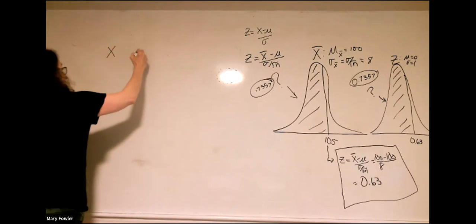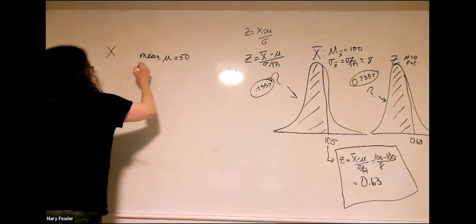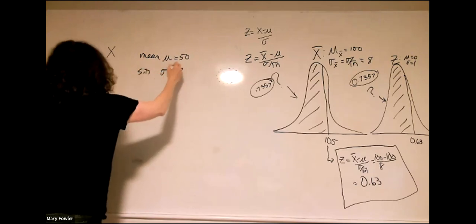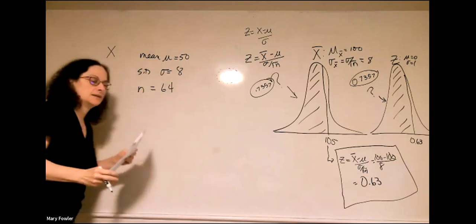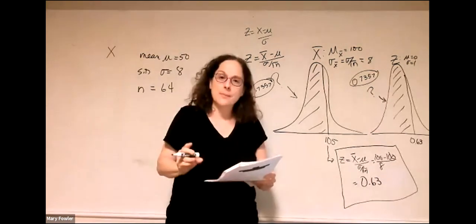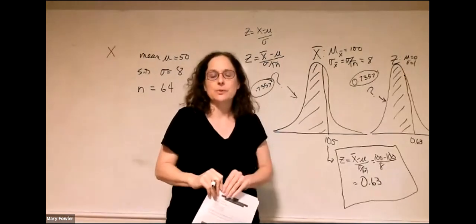So x has a mean mu equal to 50 and a standard deviation sigma equal to 8. A sample of size 64 is taken. And before we answer any probability questions, we want to determine the distribution of the sample mean.